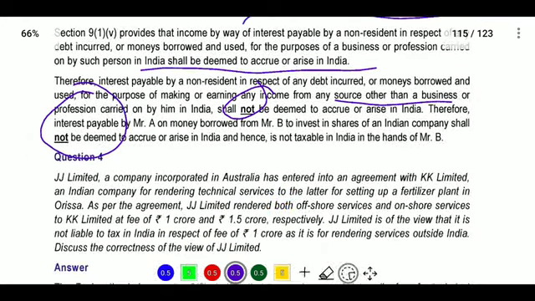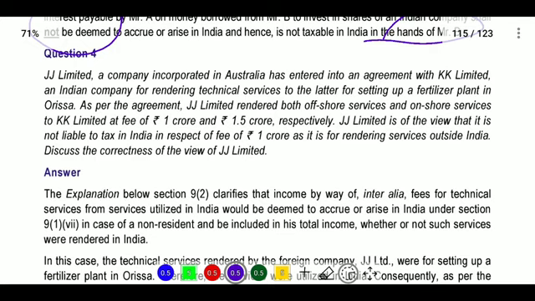Next, JJ Limited, a company incorporated in Australia, has entered into an agreement with KK Limited. So JJ Limited is there and KK Limited is there. Both are in agreement. For what purpose? Rendering technical services to the latter for setting up a fertilizer plant in Orissa.